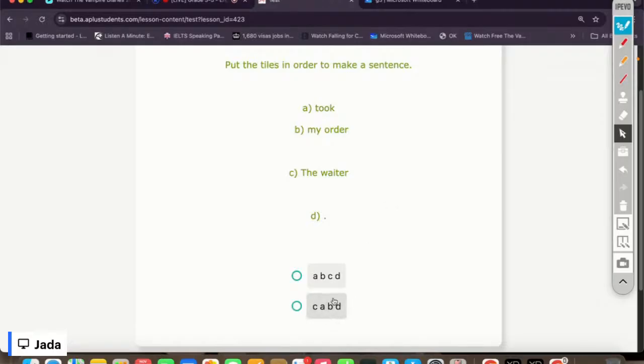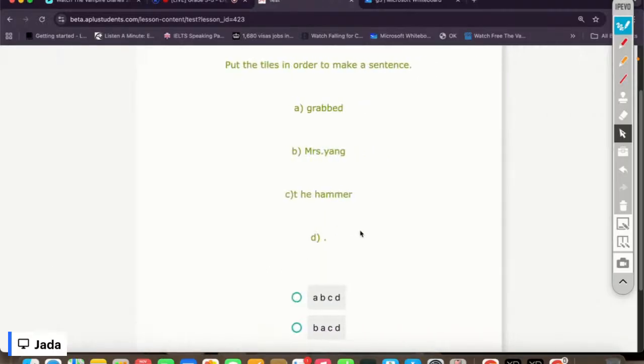So the waiter took my order. The second one. Grab, Mrs. Young, he, the hammer. First or second?